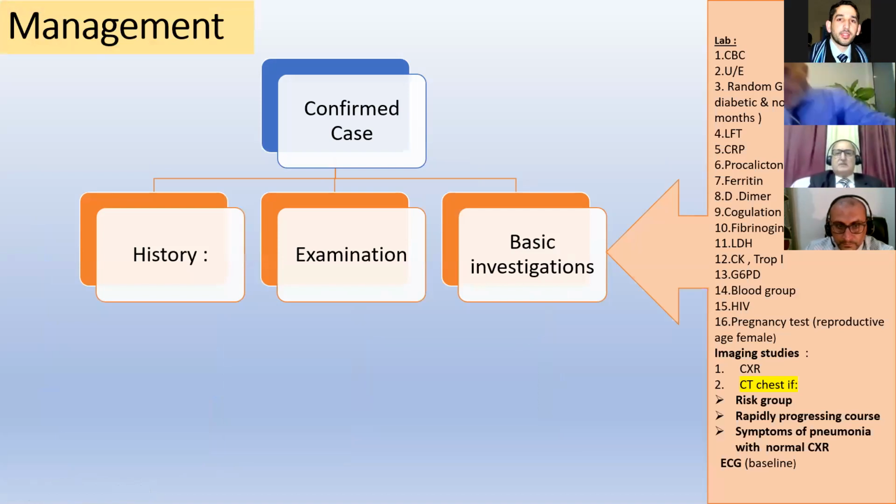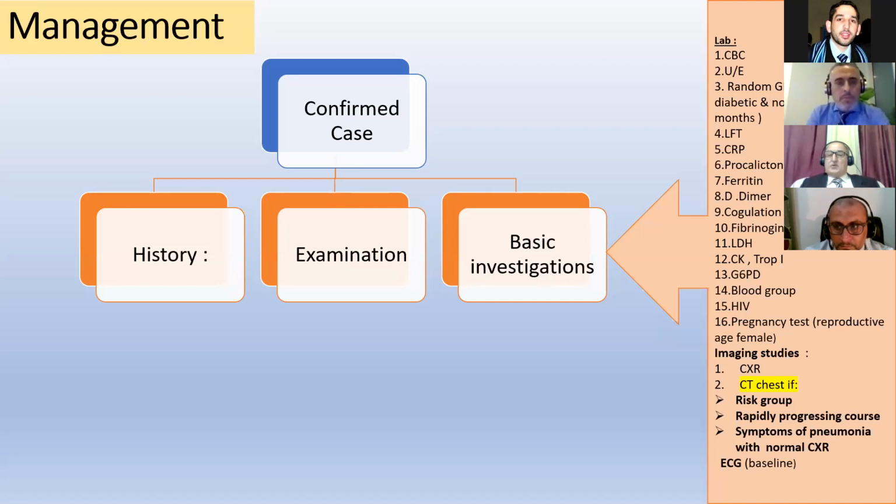For the management, after we confirm the diagnosis, we should do the following basic tests: the CBC, urine exam, glucose level, including the liver function test, CRP, procalcitonin, ferritin, D-dimer, coagulation profile, fibrinogen, LDH, troponin, ICE, G6PD, blood grouping, HIV, and for those in the reproductive age, a pregnancy test should be done.